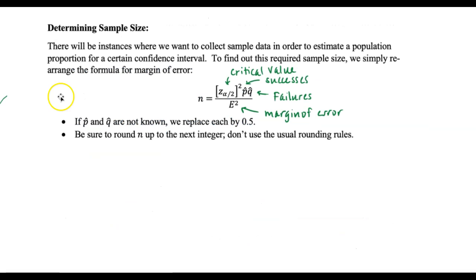Okay. And so we have a couple rules here. Number one, if p and q are not known, we're just going to replace each by 1/2. That's our best guess of successes and failures. Finally, we're going to round n up to the next integer. Very important here because we know that n is a minimum sample size.